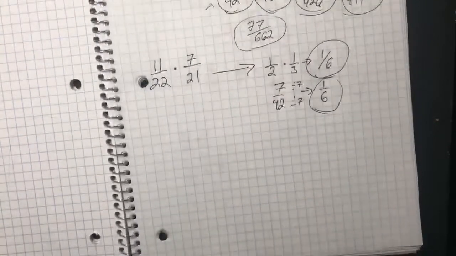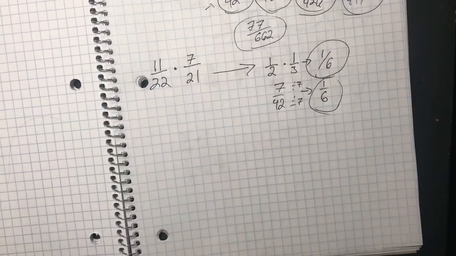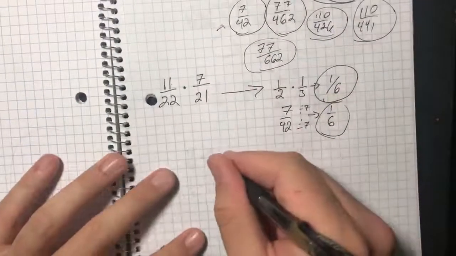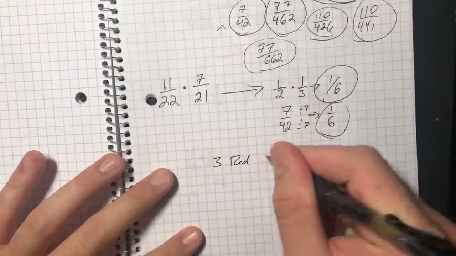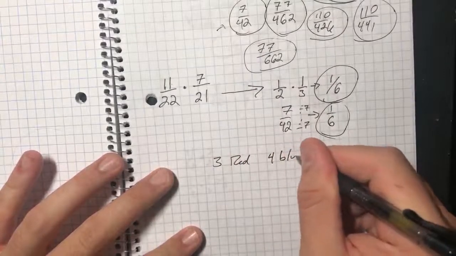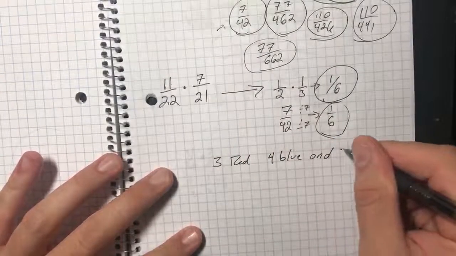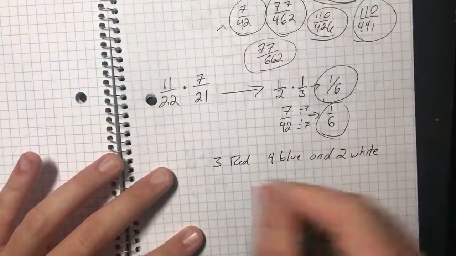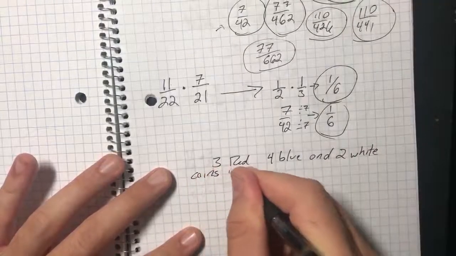Now, I had some people ask about no replacement. So let's just do this really quick one. Let's say there's 3 red, 4 blue, and 2 white coins in a bucket.